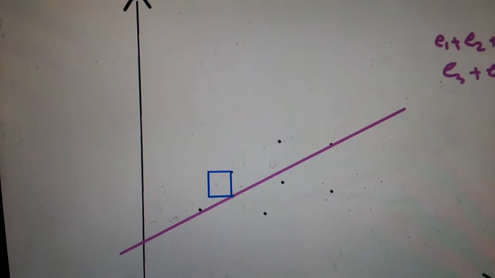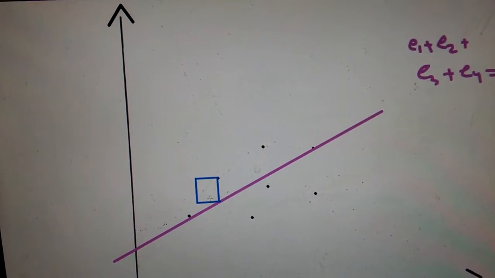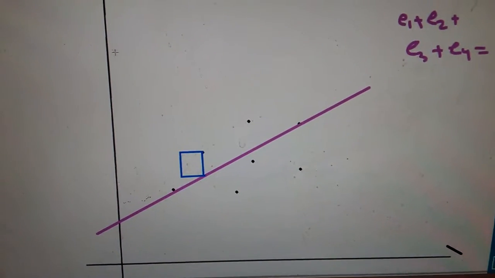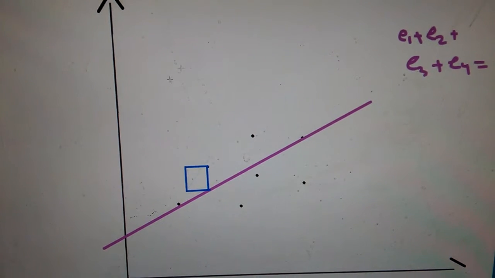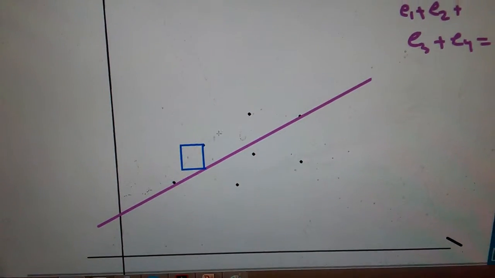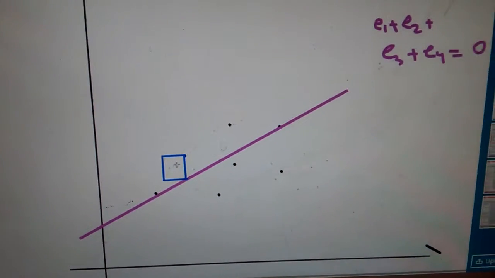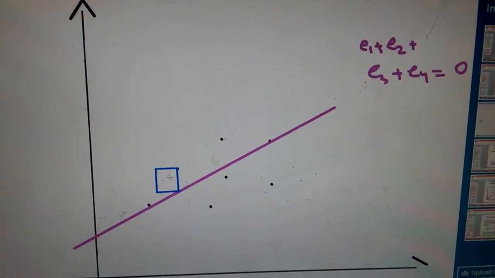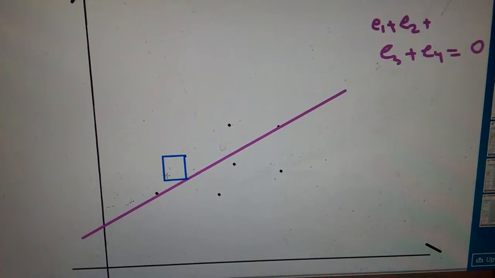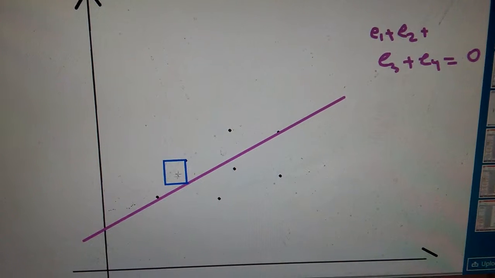So the error on the 2D plane is occupying this much area. Because once you are discussing this best fit line on a 2D graph, the influence of the error is on the plane, and there comes the concept of area, because area is a two-dimensional thing. So the region affected by this error is this much.